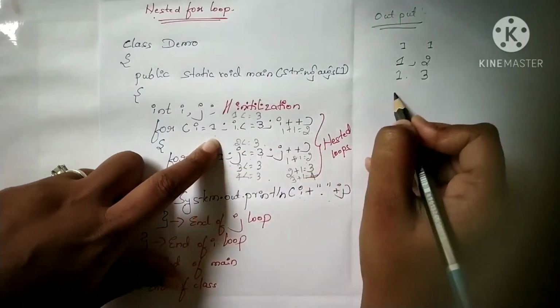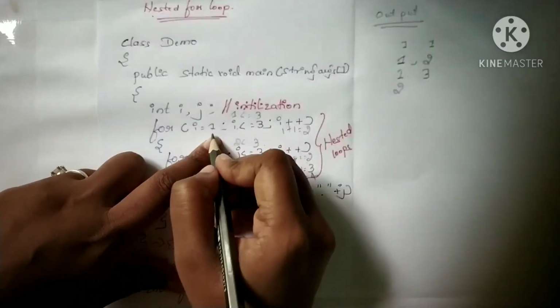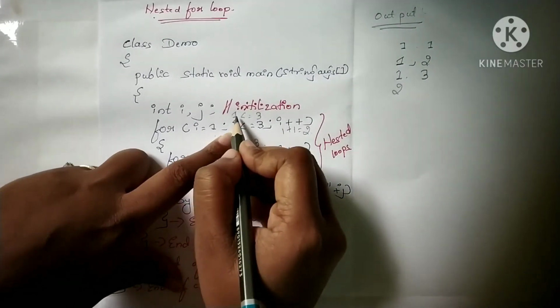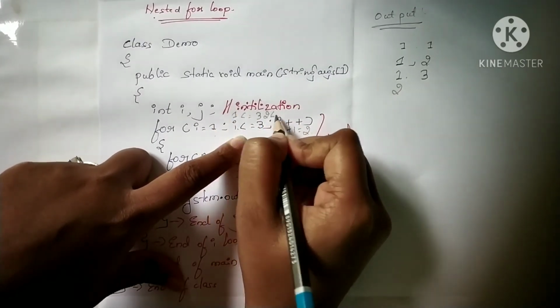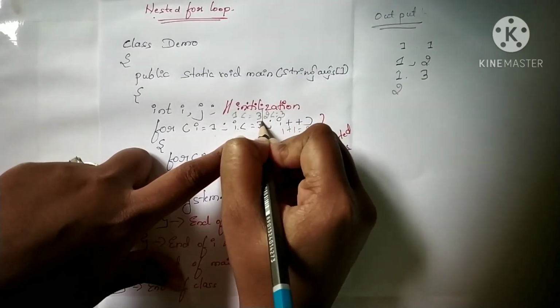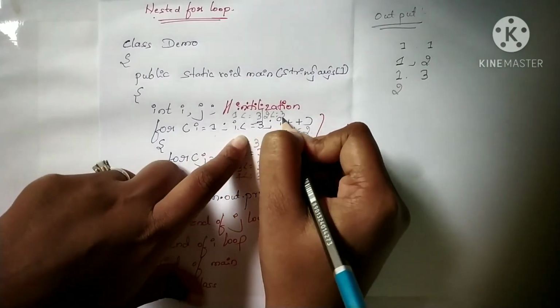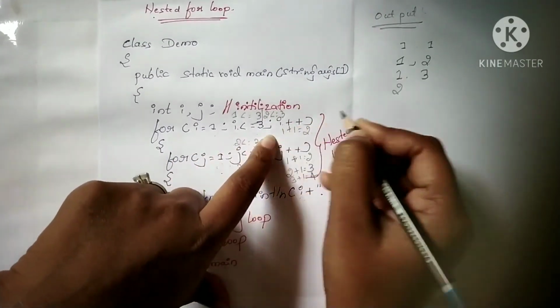Here the i value is 2. 2 is less than or equal to 3, then the condition is true.